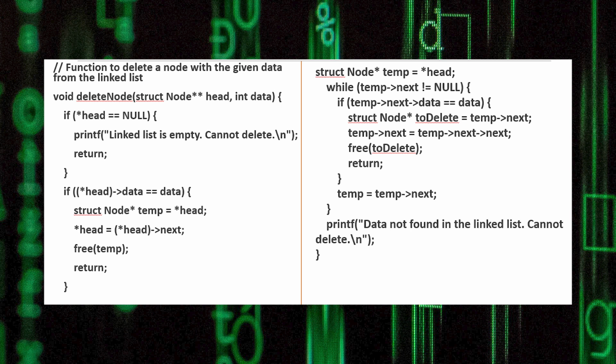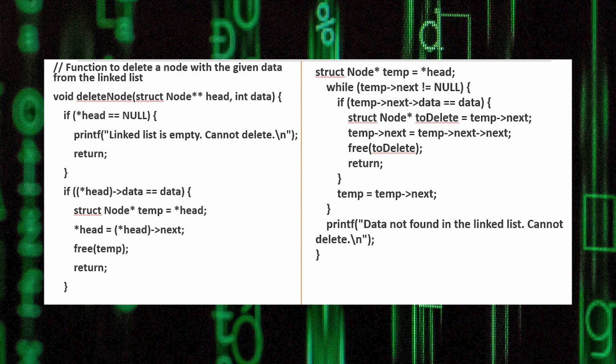I am writing here head arrow data equals to data, means if condition is true, the value of head will be assigned to the temporary variable, and this temporary variable is of type struct node. After this, head of next will be pointed by the head, and after that I am freeing the memory by writing free temp. Now the temp will be removed, and last I am returning.